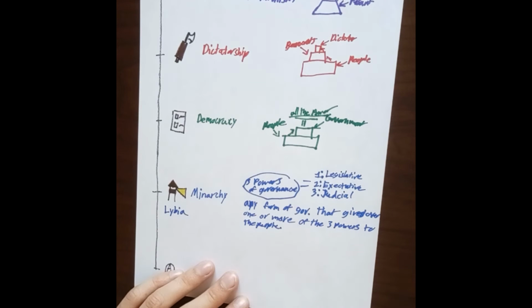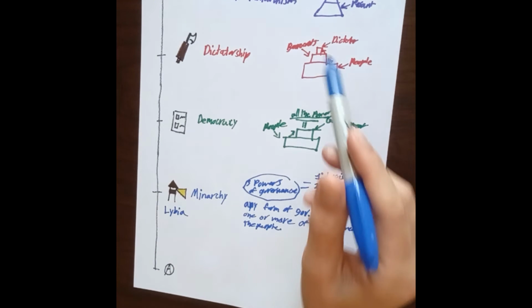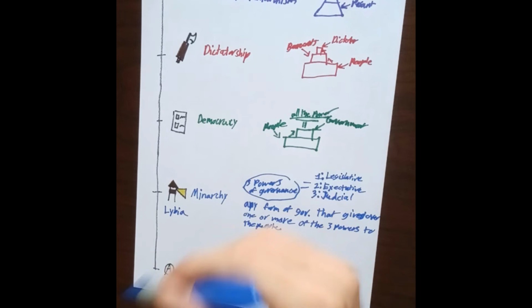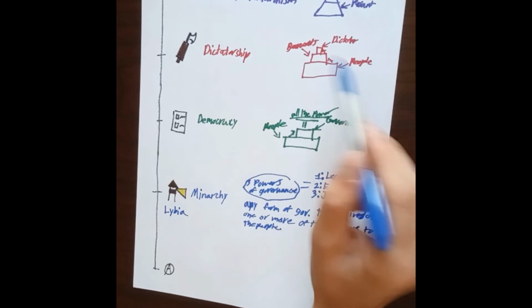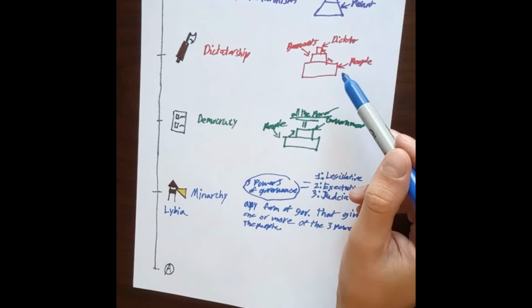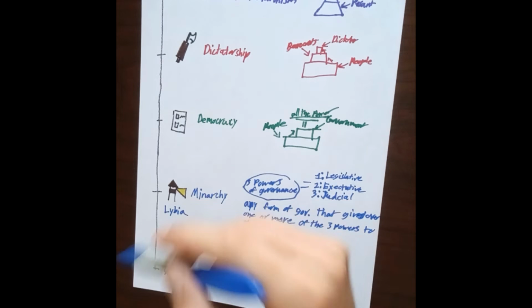Basically what that meant was that any laws that the government, aka the dictator or the bureaucrats, made, the people had the ability to say, no, we're not going to do that. On top of that, the people also elected the bureaucrats, which elected the dictator.